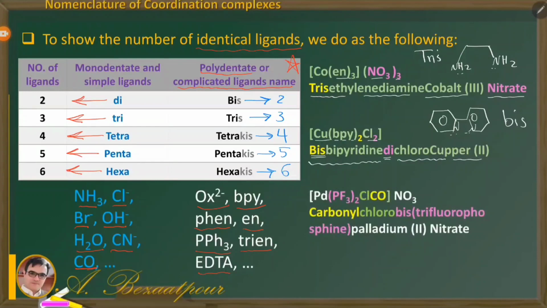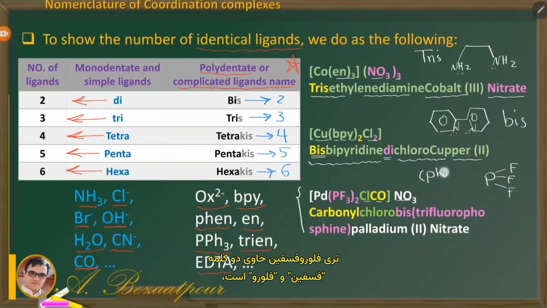And one more example, Pd(PF3)2 Cl (CO) NO3. Trifluorophosphine contains 2 words, phosphine and fluoro.